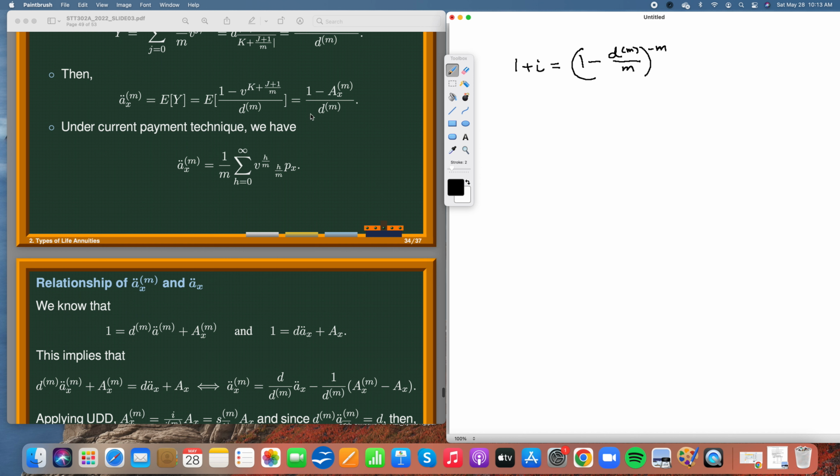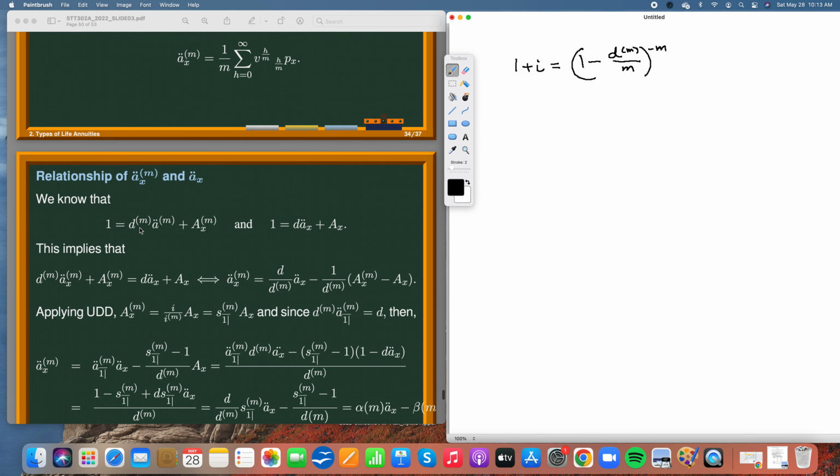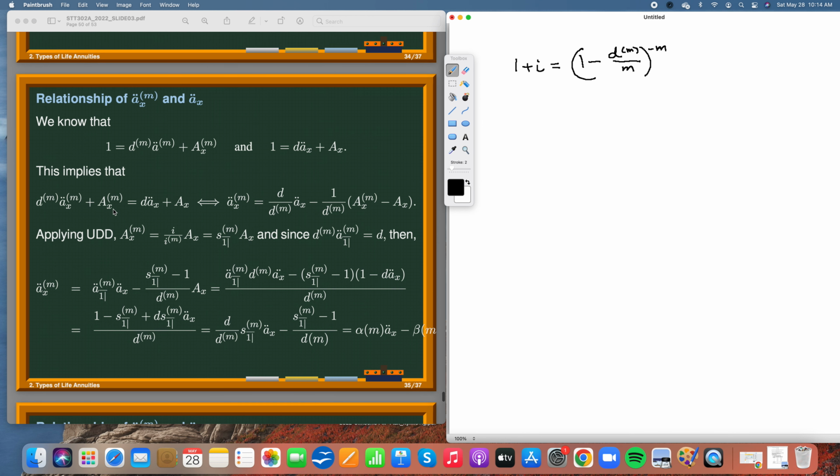You cross multiply and then transpose, which gives you the following identity. This is from the identity earlier: 1 minus capital A sub x, all over d, is equal to a sub x double dot. And since these are both equal to 1, we can equate this with the following, and that's what we did here.